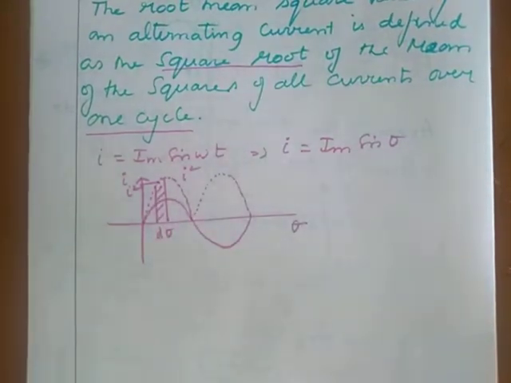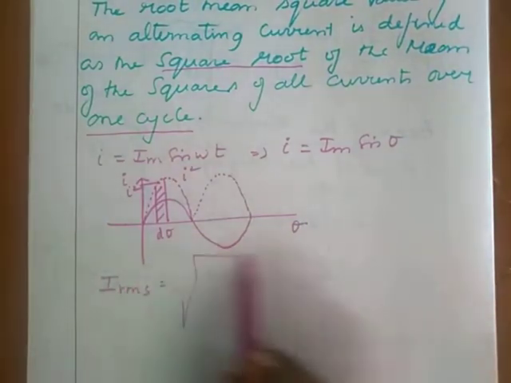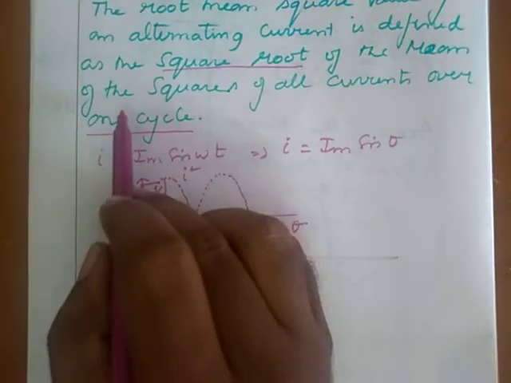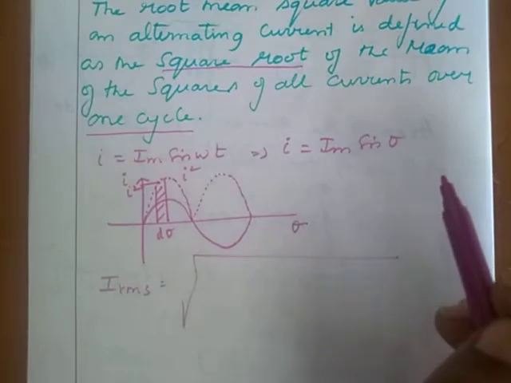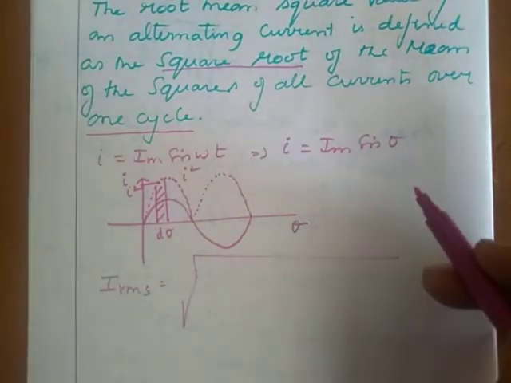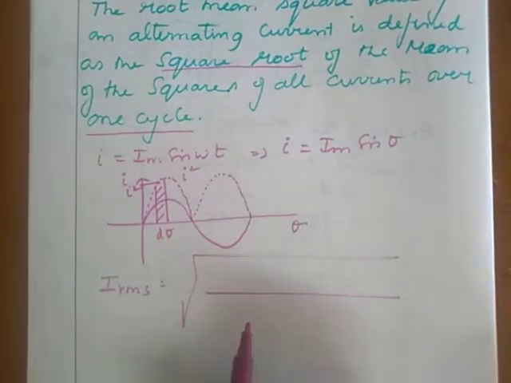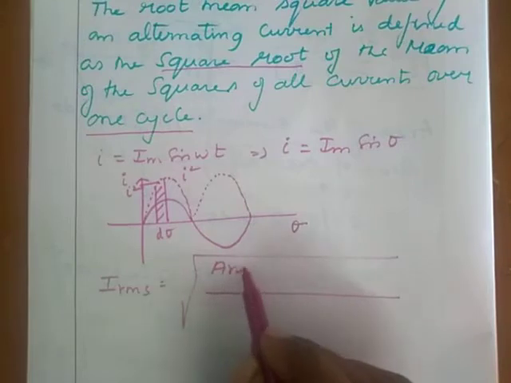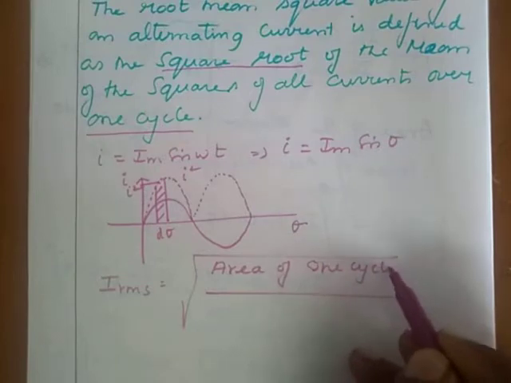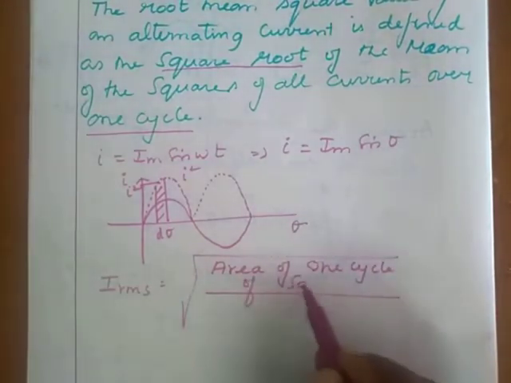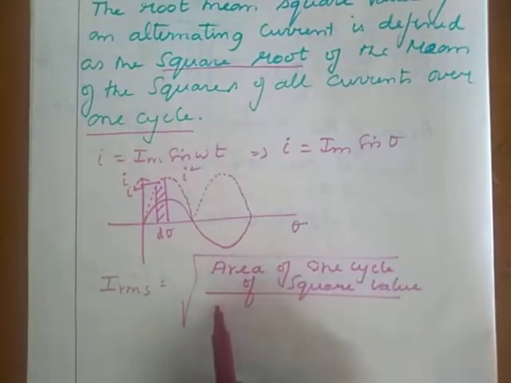We know the RMS value of current, I RMS, is equal to the square root of the mean of the square of all the current. Mean of the square of all the current means the sum of all the current over one cycle, that is equal to the area of one cycle of the squared value by the base length of the one cycle.